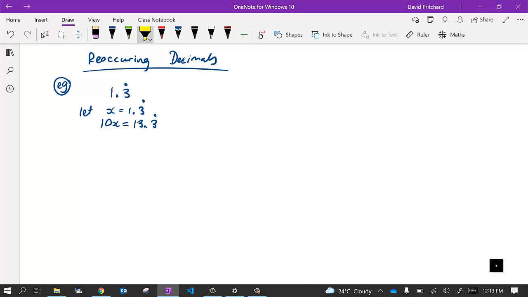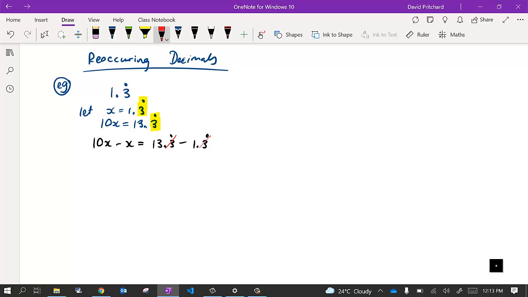Now, the secret here is that in both of these we've got 0.3 recurring. And if we determine the difference between these two, so 10x subtract x, then we've got 13.3 recurring subtract 1.3 recurring, and that means this component here cancels itself.